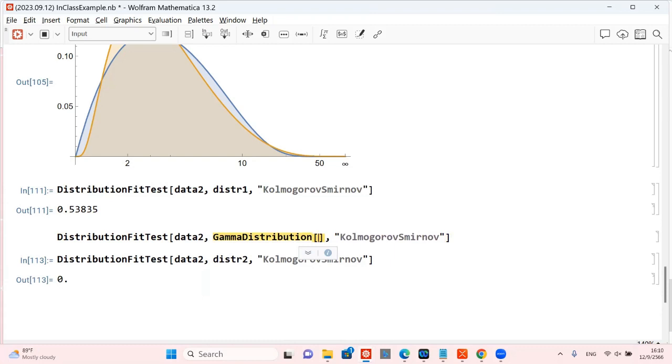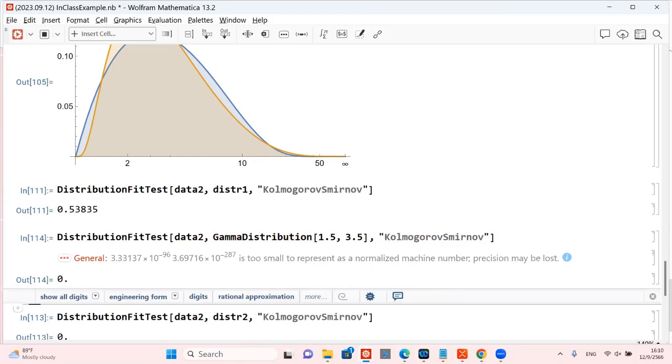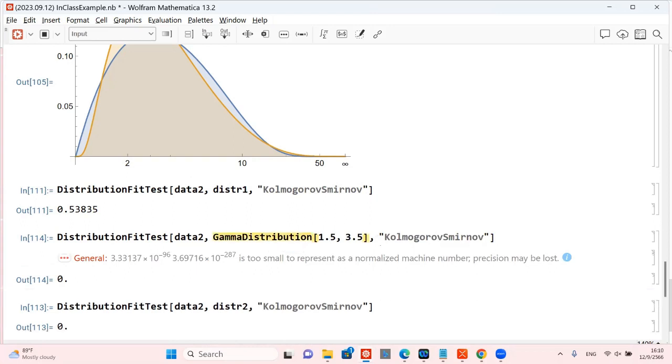So let's make something really bad, say 1.5 and 1.5 and 3.5. See? So even if you get the right distribution family, because you're so far away parametrically, you get 0 p-value.